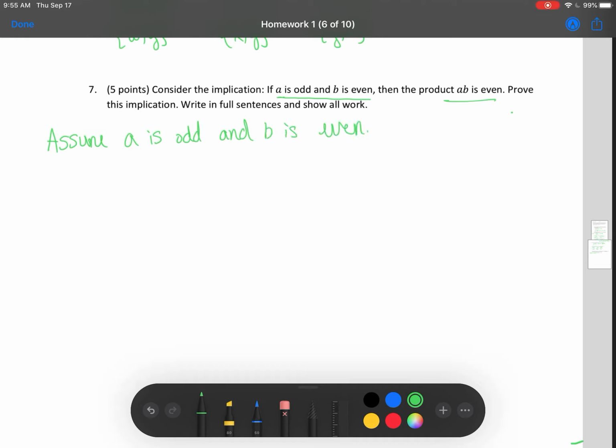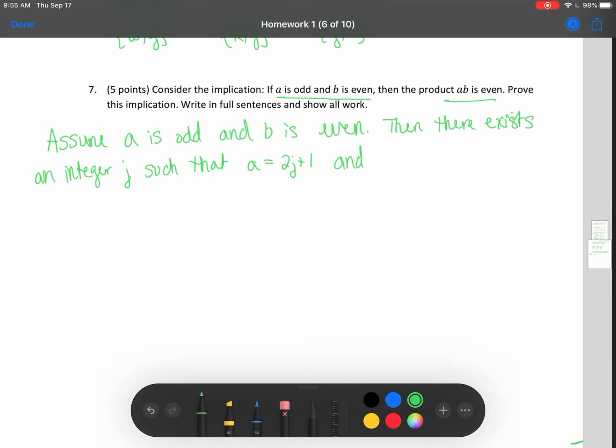Basically the only place that we can go from here is, what do we know if A is odd and B is even? Well, if A is odd, then there exists an integer, let's call it J, such that A is equal to 2J plus 1, because remember that's what we said it means to be an odd number.